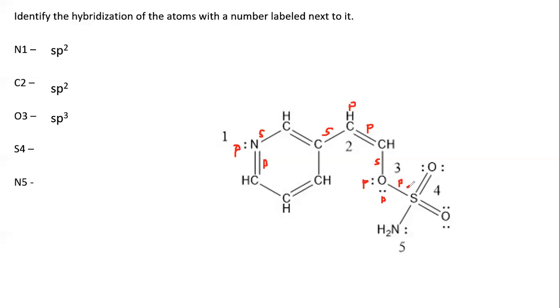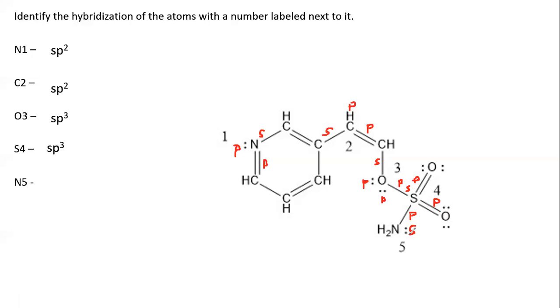So we start here, we go S, P, P, P. It's also sp3 hybridized. Now remember, double bonds and triple bonds count as one, or one pair of electrons, I should say.